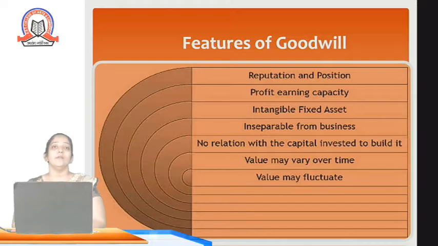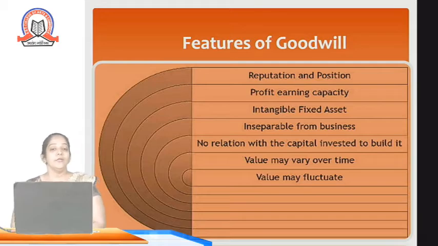For example, take the example of the Nestle company with its Maggi product. At one point of time that product was banned. That will definitely affect the company's brand image, and slowly and gradually the company was in a position to overcome that problem, and with the help of new efforts and new development in the product, the company has restarted the product and resumed selling it.